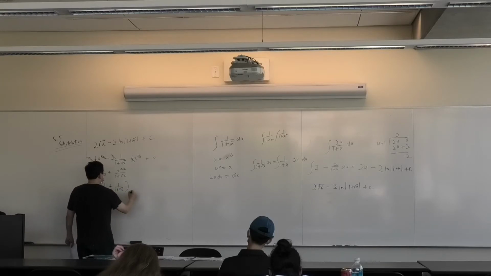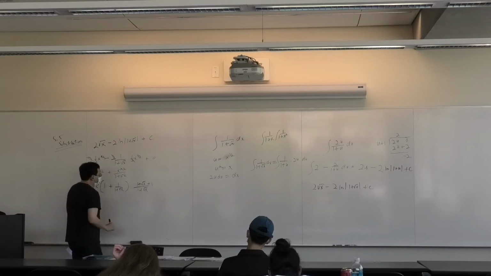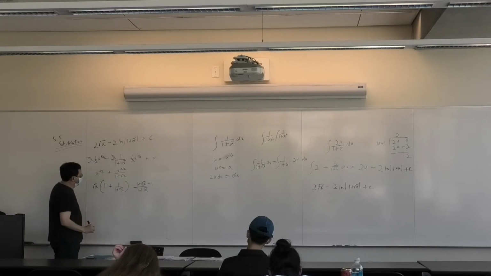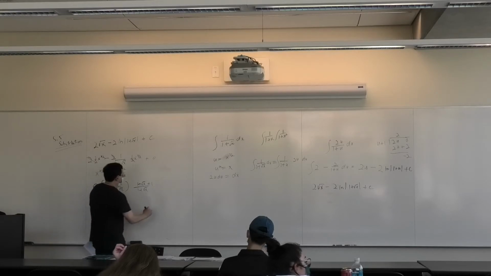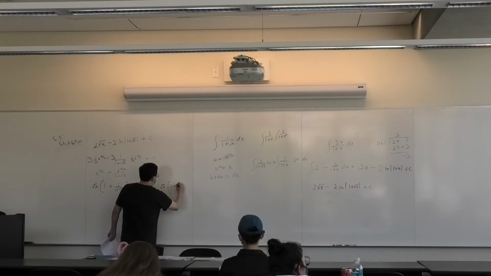So that's what? 1 plus the square root of x plus 1 plus the square root of x. Square root of x minus 2 plus the square root of x over 1 plus the square root of x.